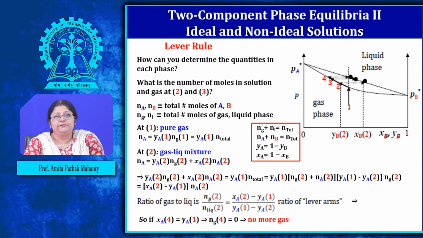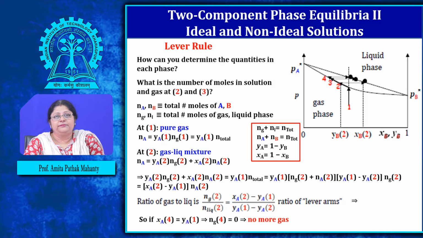So at point 2 you have a liquid gas mixture, so if I want to find out the Na, and since both of them are Na, then I can equate the two, equate this with this. If I equate this with the one which I have here and then simplify, what do I get?